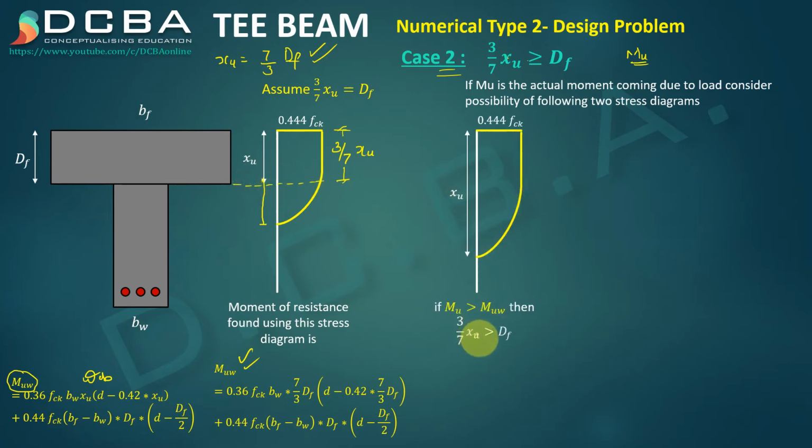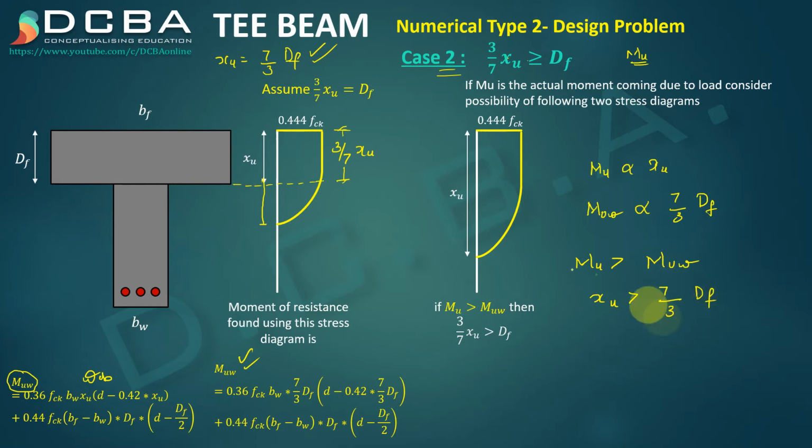First possibility: if MU is greater than MUW, then 3/7 XU is greater than DF. If you ask how, MU is directly proportional to XU and MUW is directly proportional to 7/3 of DF. So if MU is greater than MUW, does that not mean that XU is greater than 7/3 of DF?